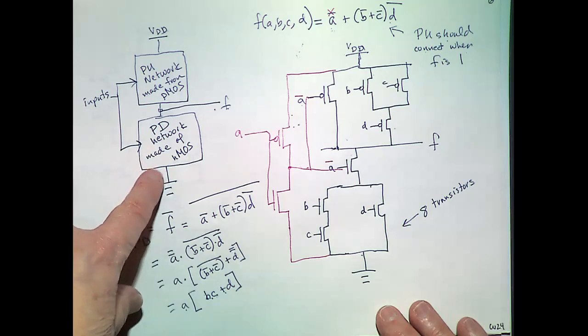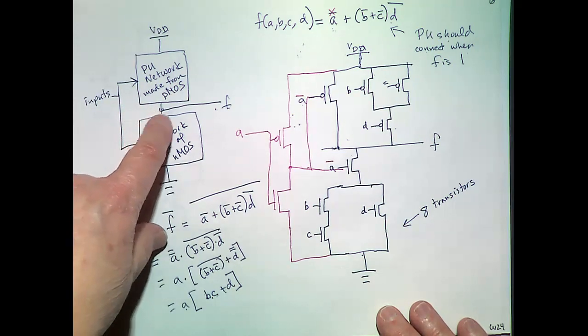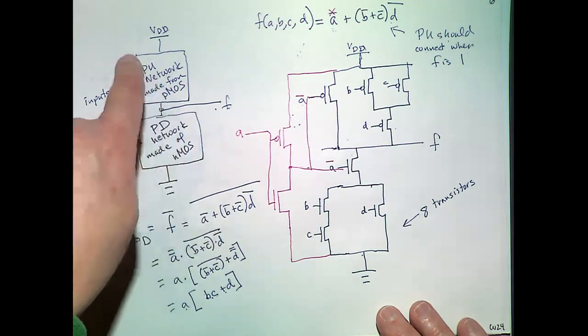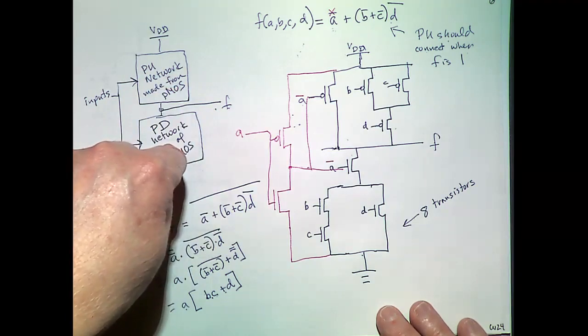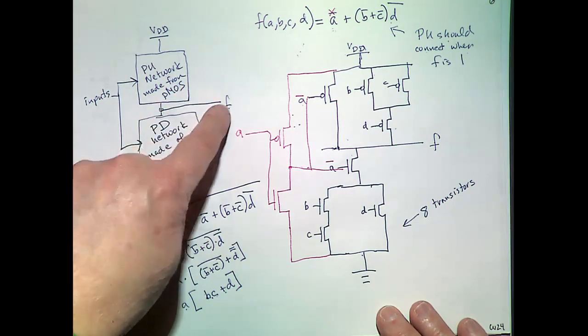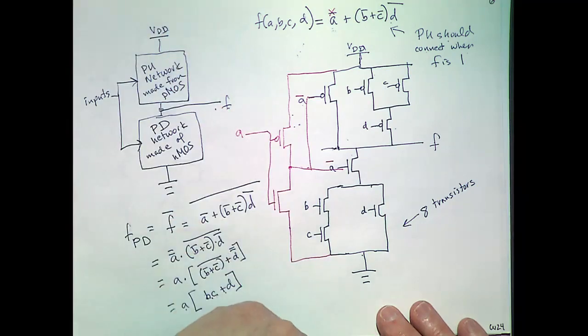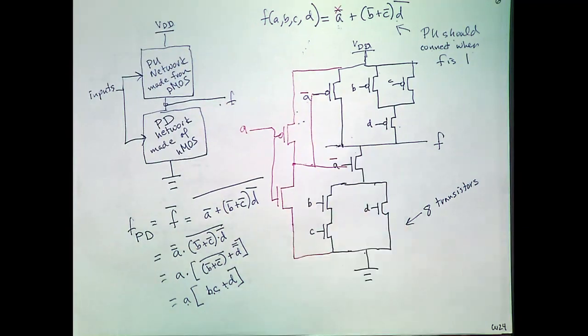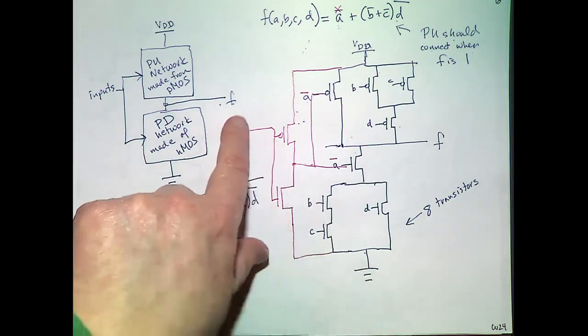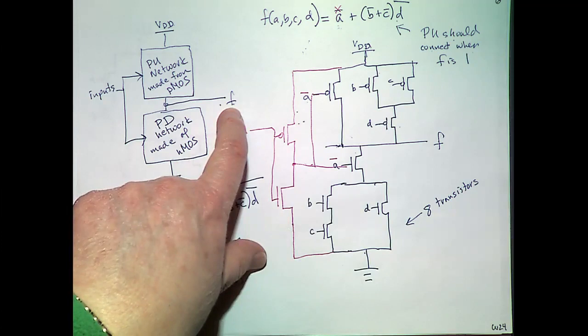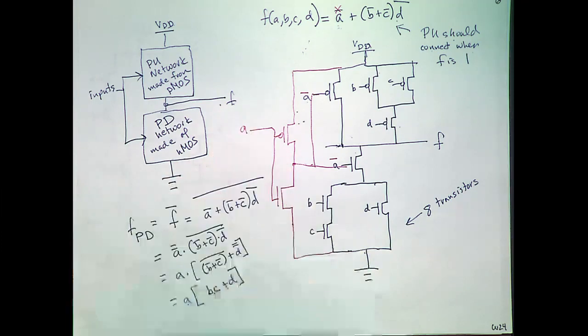The other important thing is we would like one of them to be on, so F is actually either pulled up or pulled down. It's not in between, because in between might not be considered a 0 or a 1. We want this to actually be 0 or 1 voltage. So how do we do that?